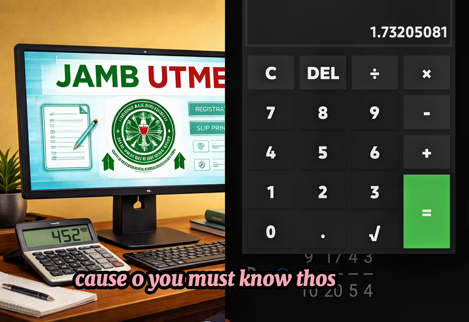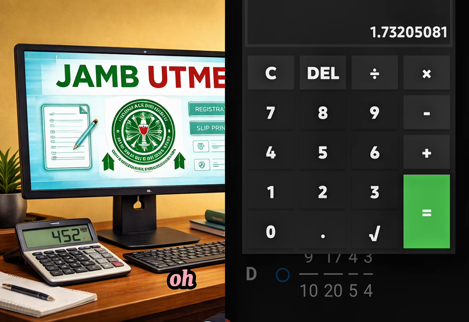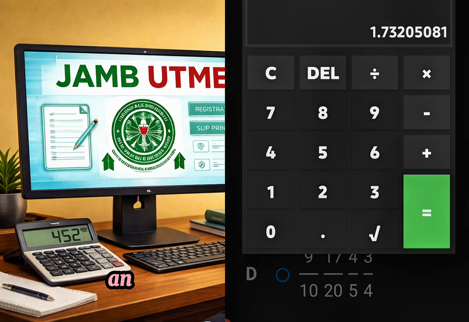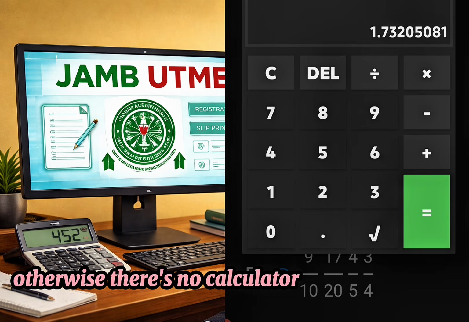You must know those trigonometric ratios. Sin 90 is 1, cos 90 is 0, this and that. What is root 3? What is 2 root 3? What is 1 all over root 3? Tan 45, sin 45, and all those special angles. You must know them. Otherwise, there's no calculator for you to punch.